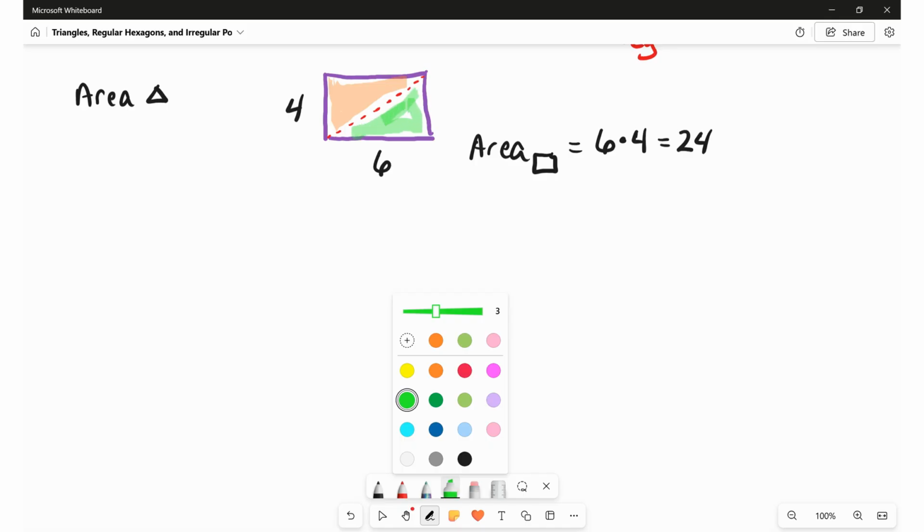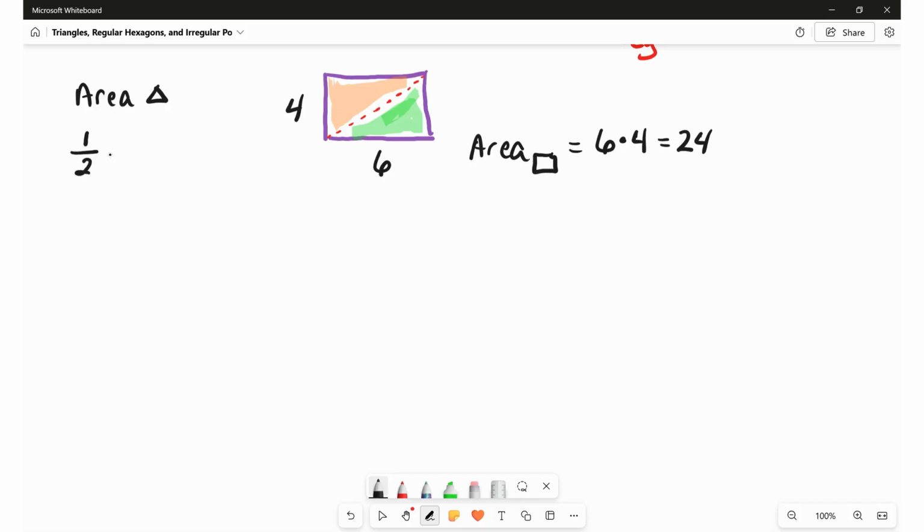And if you notice, both of those pieces are equal. So the area of a triangle is 1/2 the area of a rectangle.